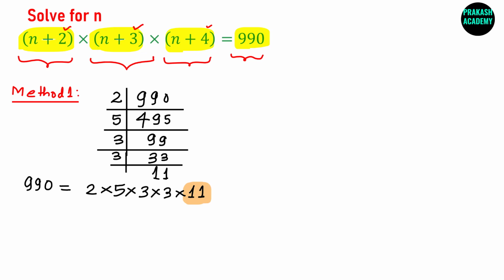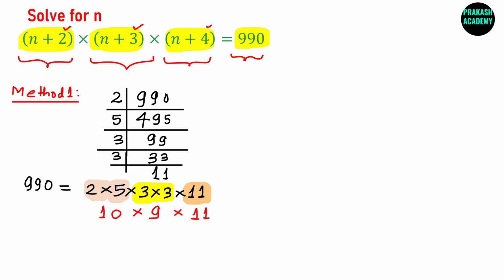If I consider 5 and 2, then I will have 10. And the next number that is left here is 3 into 3, that is 9. So the product of 3 into 3 is 9, 2 into 5 is 10, and we have number 11. So this is 9, 10, 11.